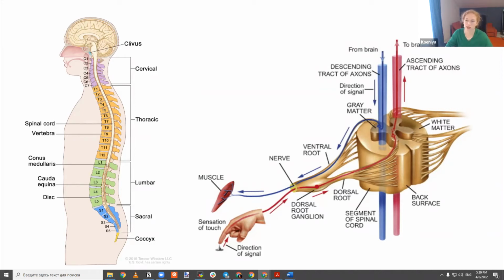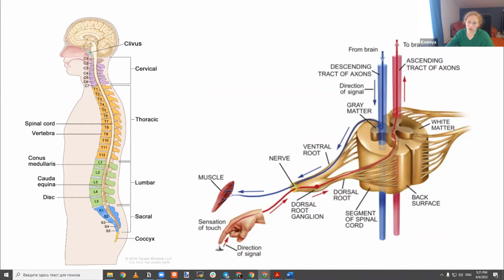It's also a center of coordinating many reflexes and contains reflex arcs that can independently control reflexes. It's also the location of groups of spinal interneurons that make up the neural circuits known as central pattern generators. These circuits are responsible for controlling motor instructions for rhythmic movements, such as walking.